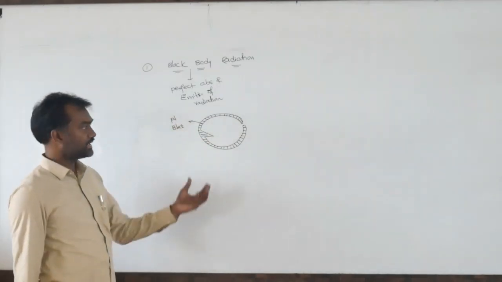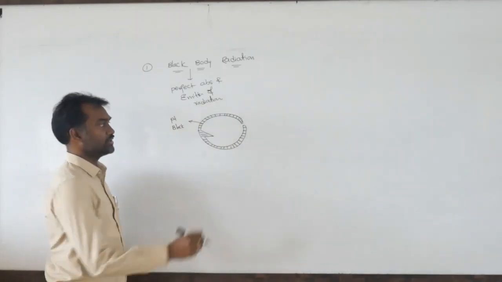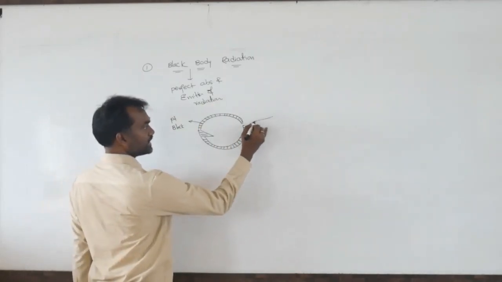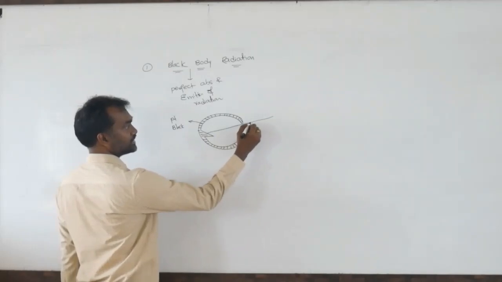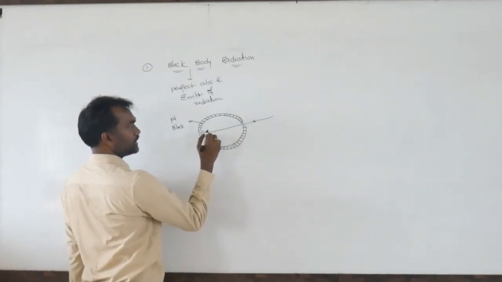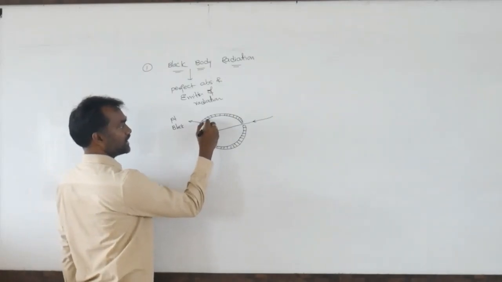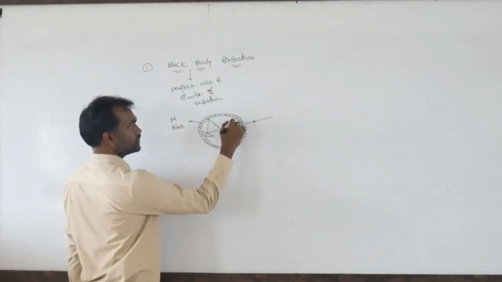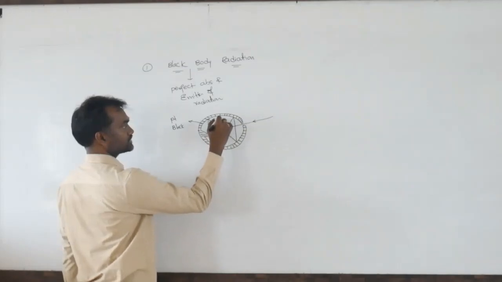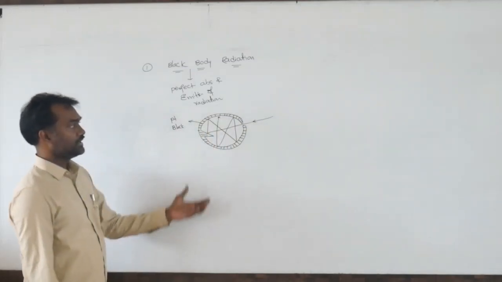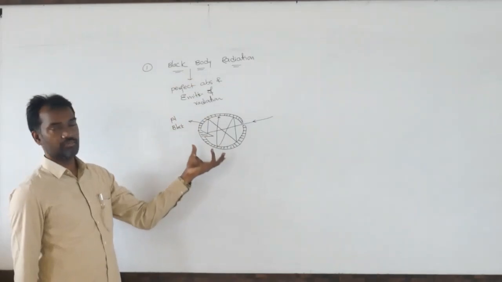So now it acts similar to a black body. When we send radiation, meaning light, it is absorbed and emitted continuously, moving in all directions. It acts as a perfect black body.